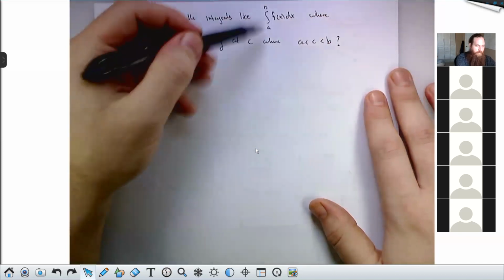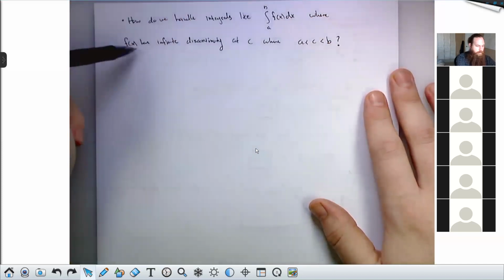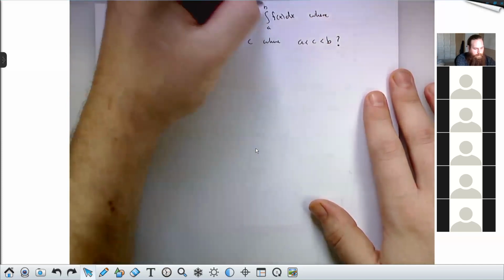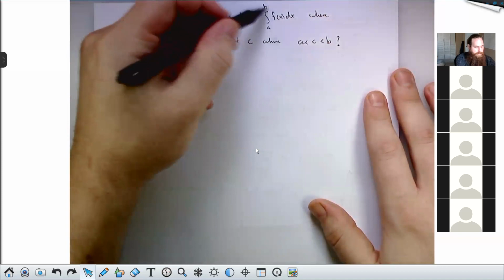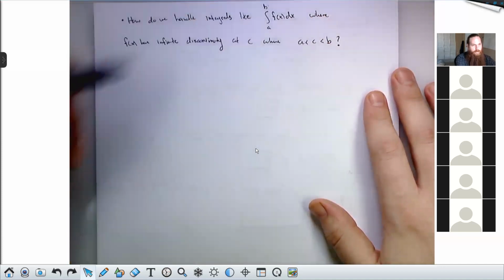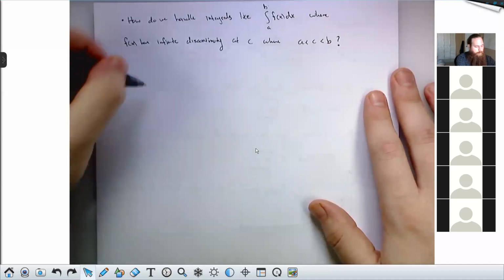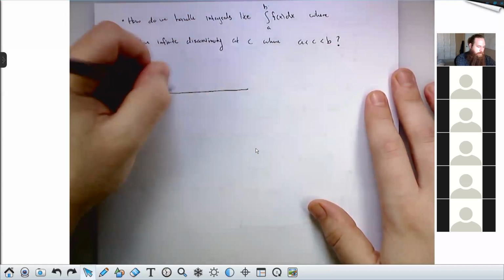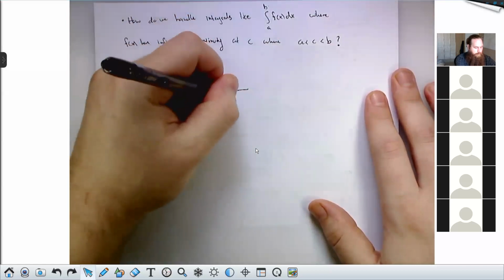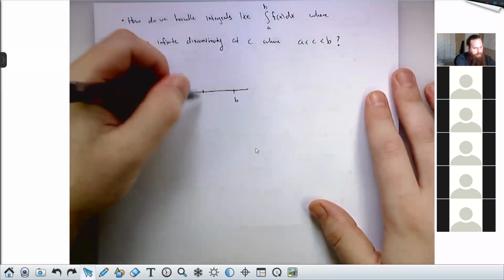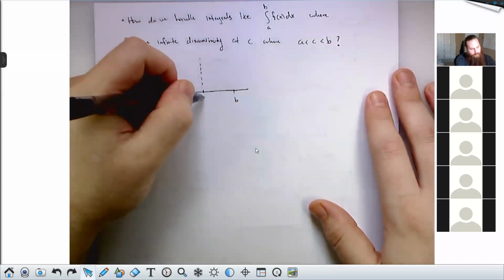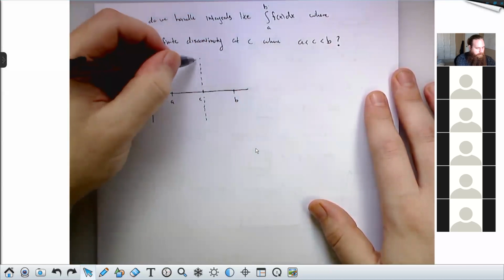So we saw how to handle type 2 integrals, integrals of functions with infinite discontinuities at the endpoint, right? If you have an infinite discontinuity at b or an infinite discontinuity at a, we saw how to take care of that last time. But what we haven't seen is how to handle something like this. So maybe I want to integrate from a to b, but at some value c in between those, my function blows up to infinity or negative infinity.